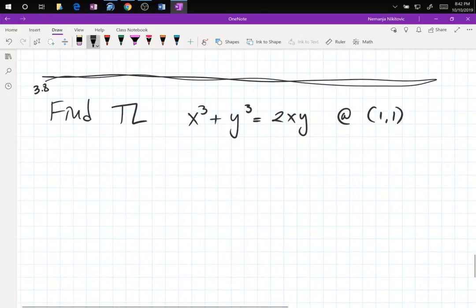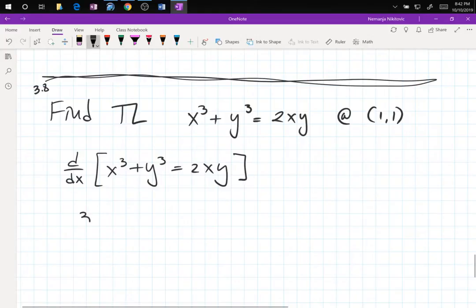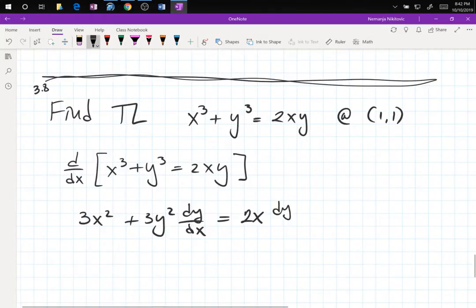We are going to take the derivative the regular way, right? We have to take the derivative with respect to x to eventually figure out the slope. And when you take the derivative, you get 3x squared plus 3y squared dy/dx equals, by the product rule, copy the first, derivative of the second, plus copy the second times derivative of the first.